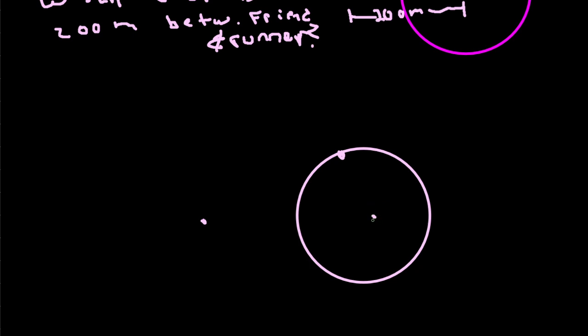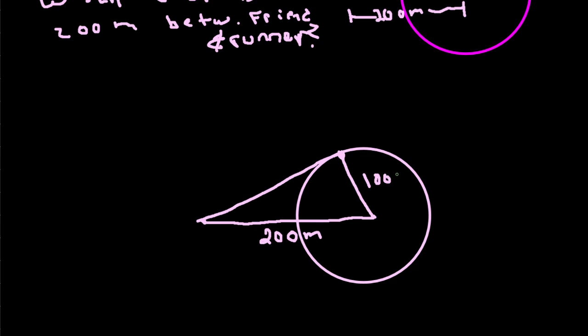We can actually draw a triangle using these 3 points, kind of like this one here. And there's a few things that are going to be constant. For example, the length of the triangle at the bottom is going to be a constant 200 meters. The length from the center of the circle to the runner is going to be a constant 100 meters.